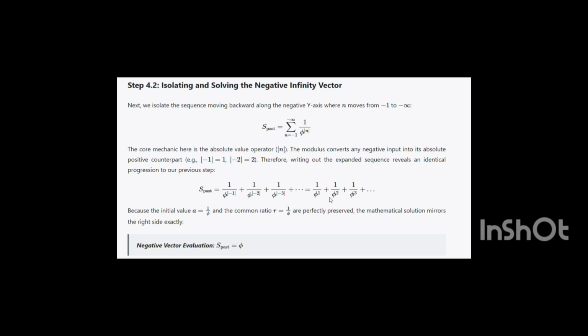Here we can see 1 by 5 is multiplied to every term to get the consequent term, and 1 by 5 is the initial term, just like the positive infinity factor. So our final solution is S past equals phi, which is exactly the same result phi that we get by solving the positive infinity factor. I hope you can understand how we get S past equals phi, which is the same as S future equals phi in the positive infinity factor.